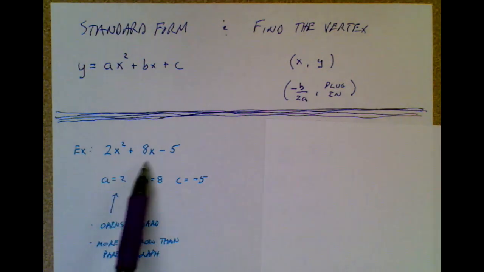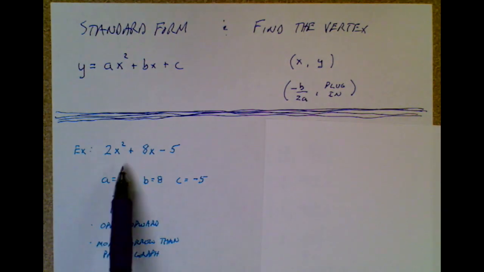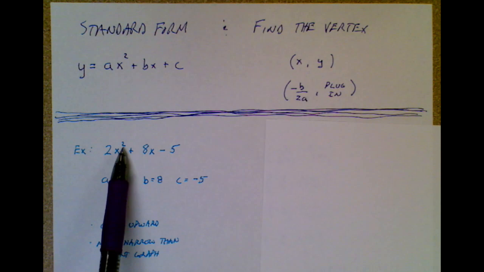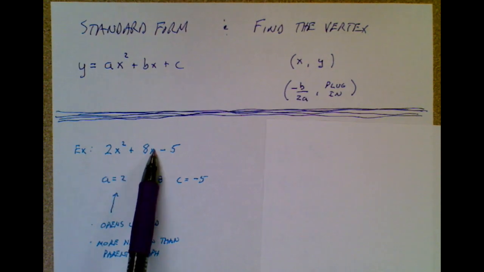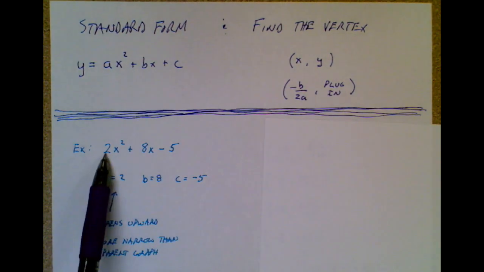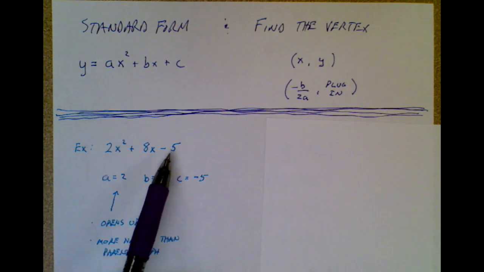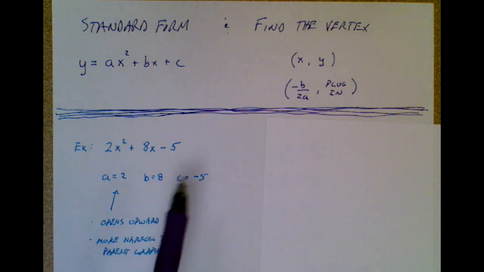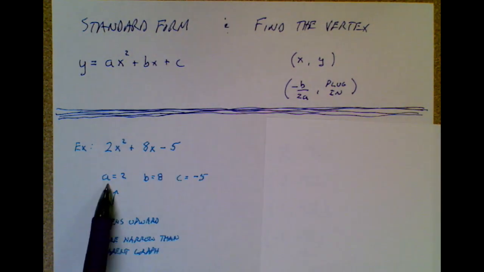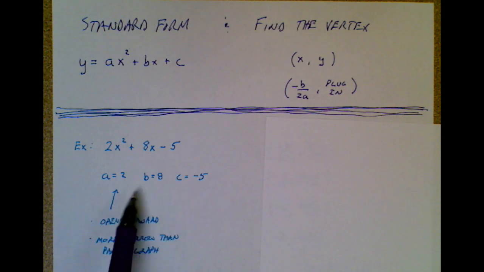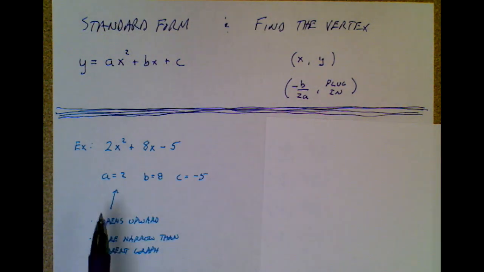In this example, you can easily see that it's in standard form: biggest exponent, next biggest exponent, no exponent. So this would act as the A, the 8 would act as the B, and the -5 would act as the C. It's worth your time to write those down because they're also going to be in your future chapters.